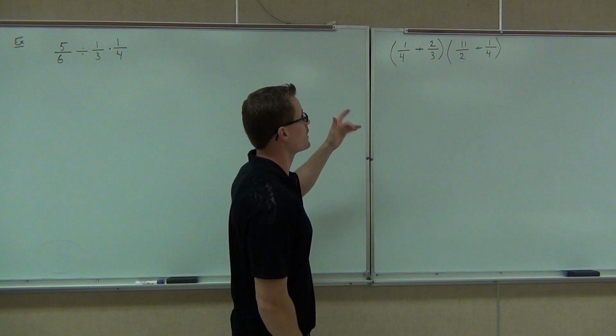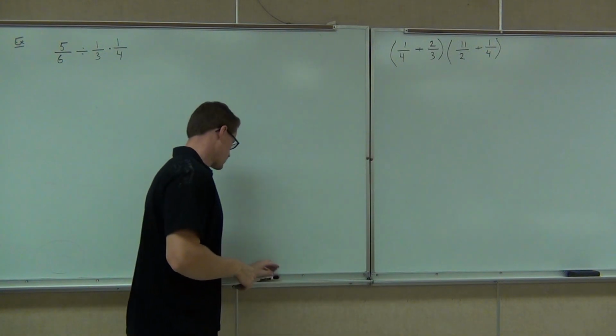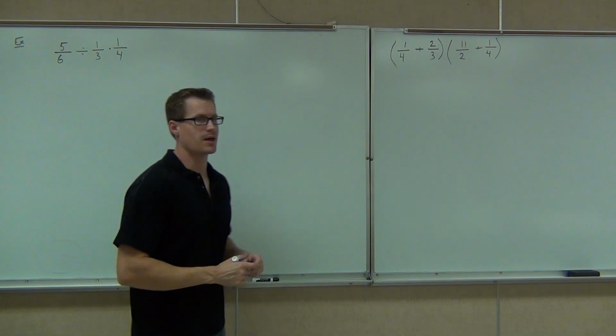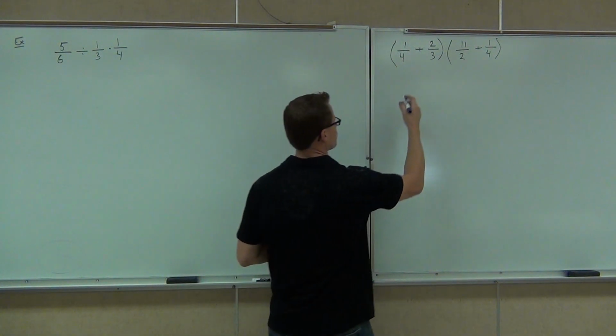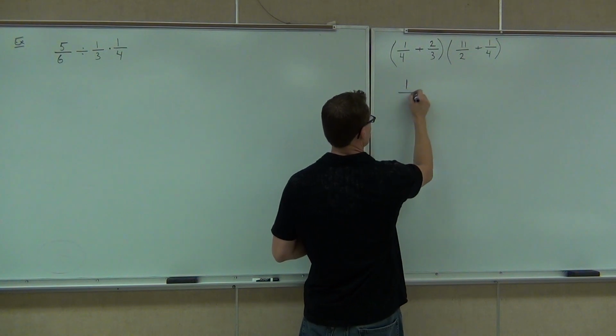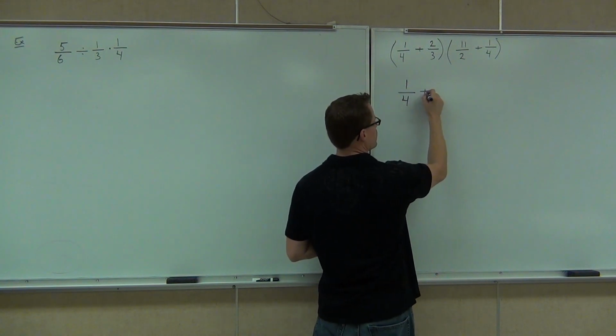So in our first fraction we've got 1/4 plus 2/3. LCD gives you what out of that? 12. Okay, so I'm going to rewrite it so we see what's going on.